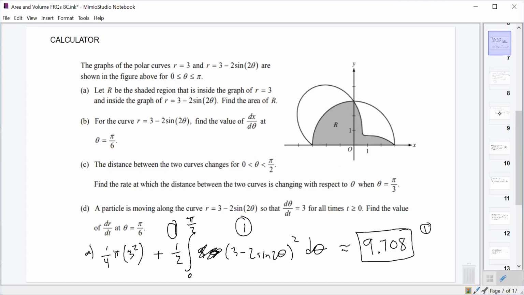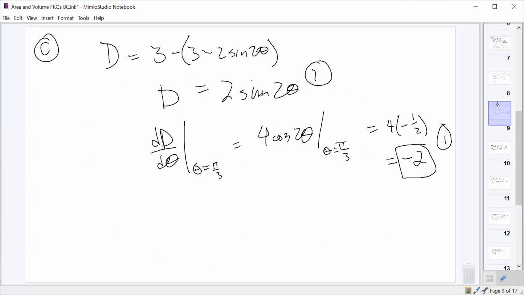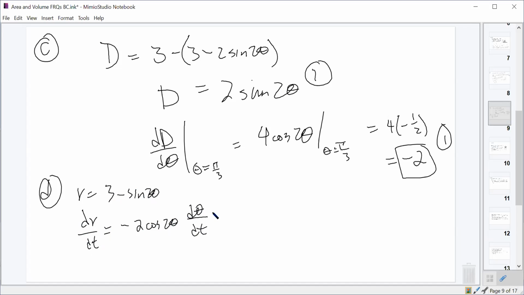So our curve is r equals, oh, we got it here. Our curve is r equals 3 minus sine 2 theta, right? So dr dt equals negative 2 cosine 2 theta d theta dt.